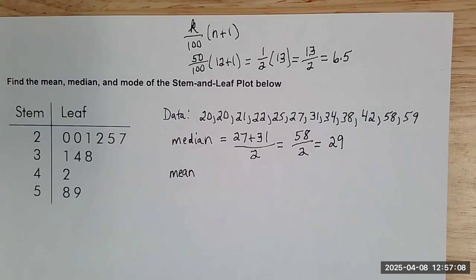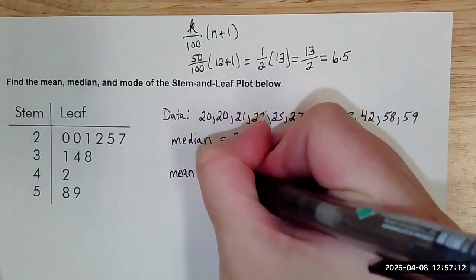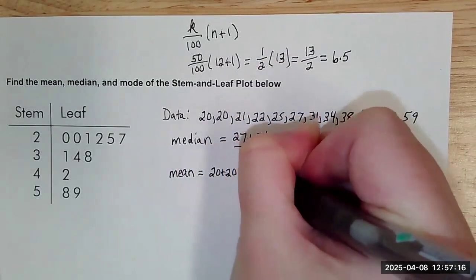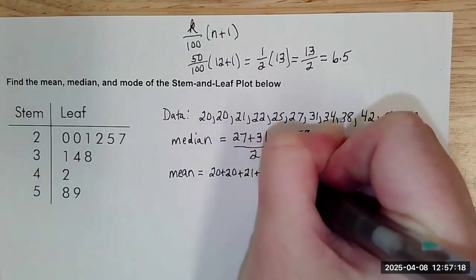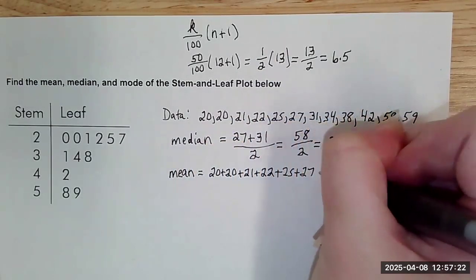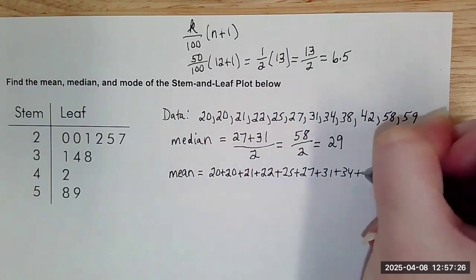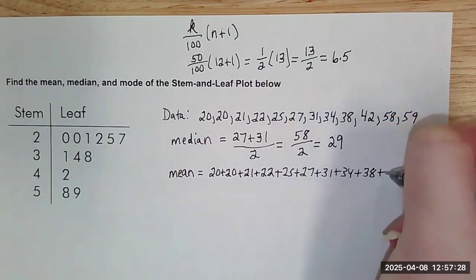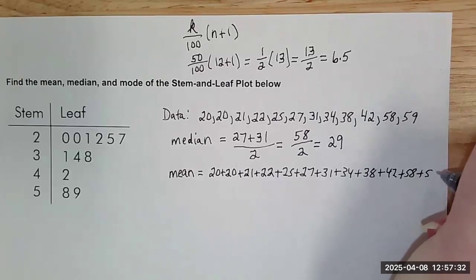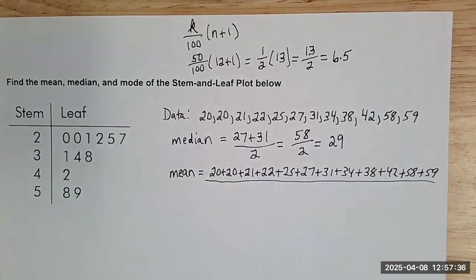So for the mean, you're literally going to have to do 20 plus 20 plus 21 plus 22 plus 25 plus 27 plus 31 plus 34 plus 38 plus 42 plus 58 plus 59. And then what am I going to divide by? 12, because there were 12 of them.